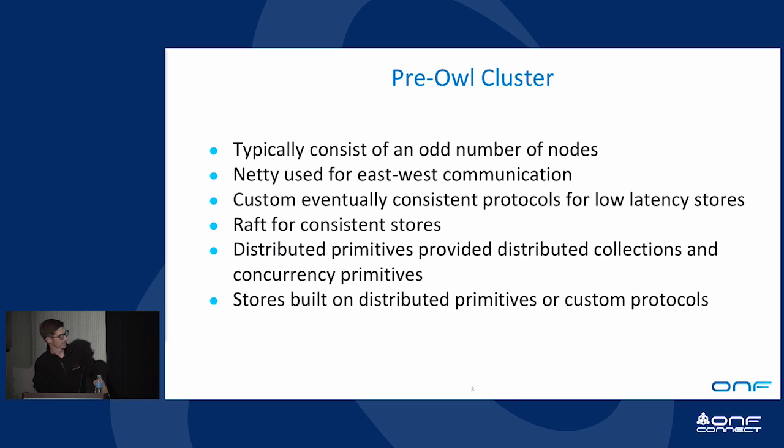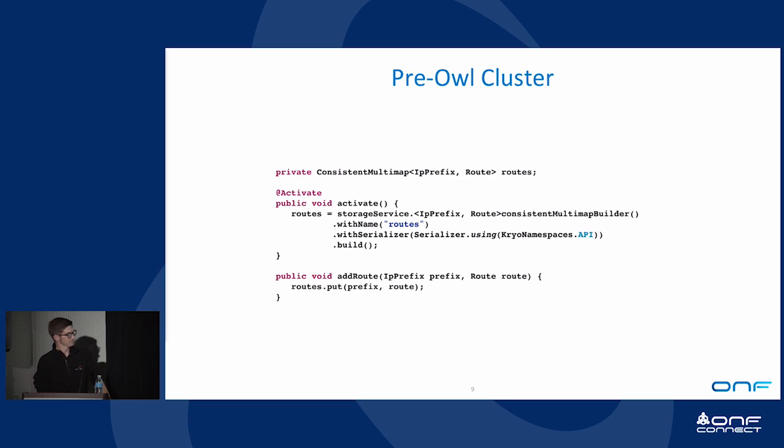Distributed primitives provide a high-level interface, modeled as collections and concurrency primitives, for interacting with various distributed systems protocols, and stores are either built on those or on custom protocols.